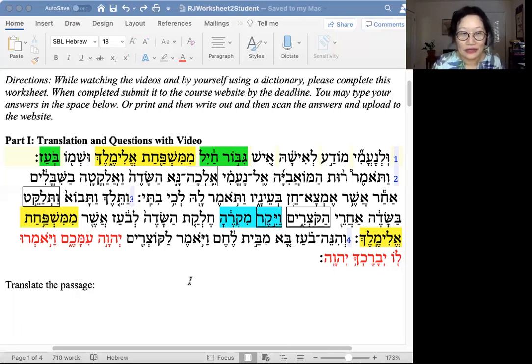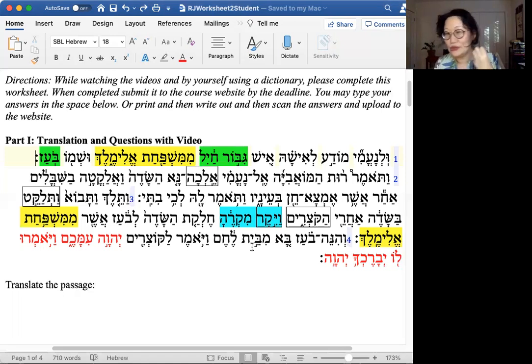The reason this text emphasizes that Boaz is related to Elimelech is to clue you into the fact that he is an appropriate goel. Now you'll say to me, but Susie, I thought it was the brother. Yes, it's true, and this is what I mean by we don't know that much about this institution.